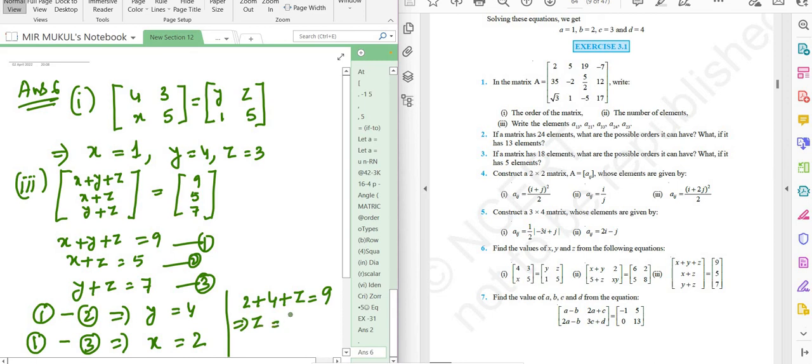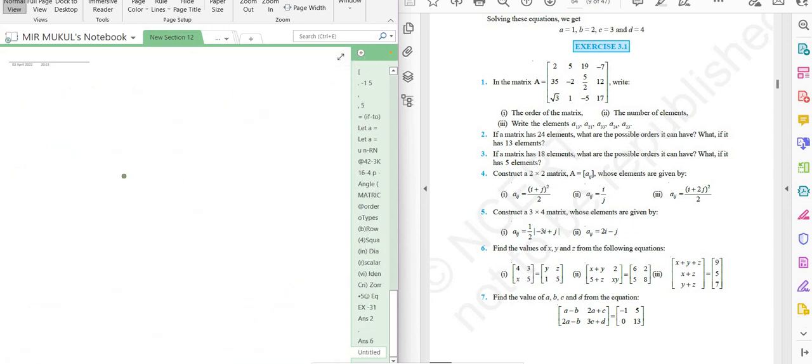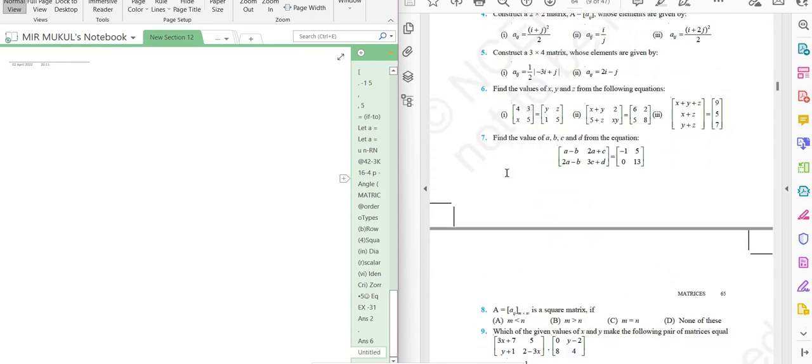So z equals 9 minus 6, so z equals 3. So x equals 2, y equals 4, and z equals 3. Now question number 7 you will do.